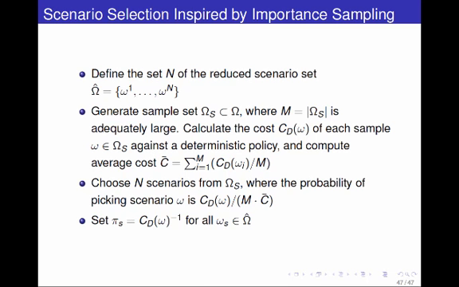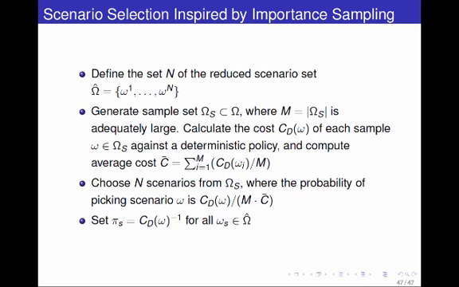Okay, so the idea then is you compute this cost for a deterministic policy of each sample. You compute then an average cost, and you apply the importance sampling idea to this large data set that has thousands of wind scenarios.